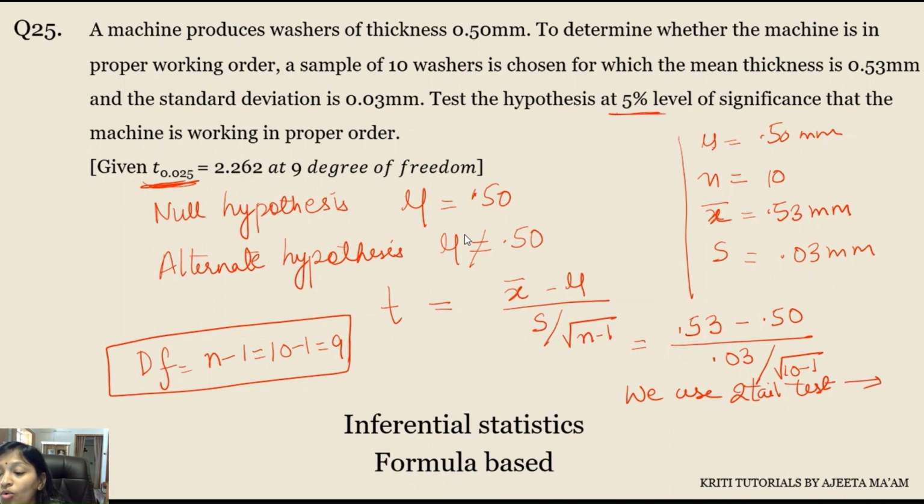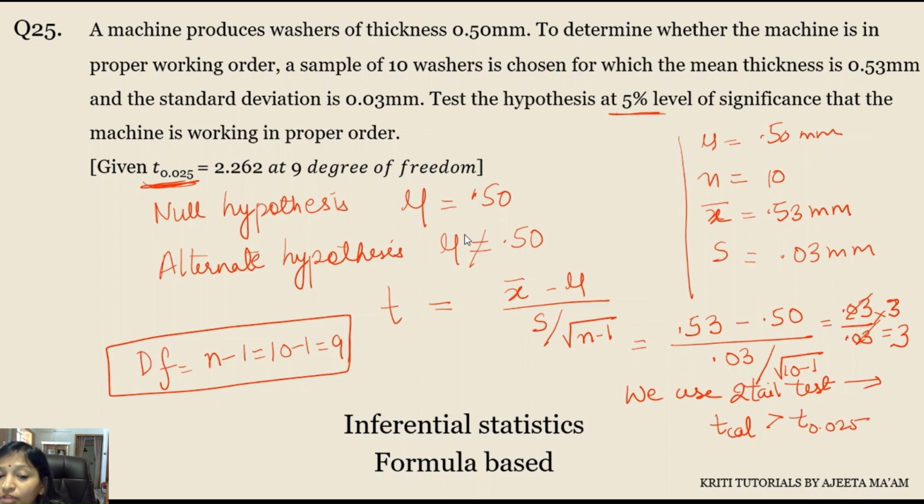Right? Now, what is our calculated value? So, what will you get? Root 10 minus 1 is root 9, which is 3. 0.53 minus 0.50 is 0.03. So, 0.03 upon 0.03 into 3. So, that gives you a simple calculation: 3. Now, t calculated, the one which we have calculated above, and t which is given to you at 0.025.